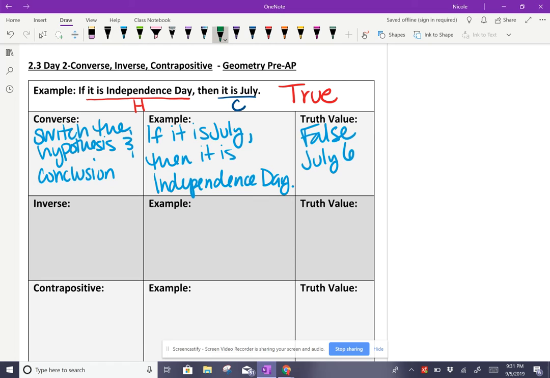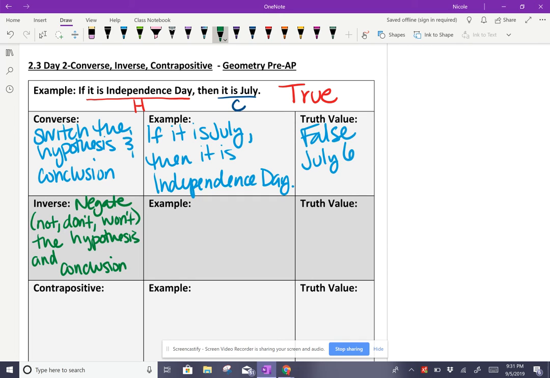The inverse now is the negation, where we negate. And when we say negate, that means we're adding the word not, don't, or won't, or something similar to that, to the hypothesis and the conclusion. So we go back to our original conditional statement. If it is Independence Day, then it is July.